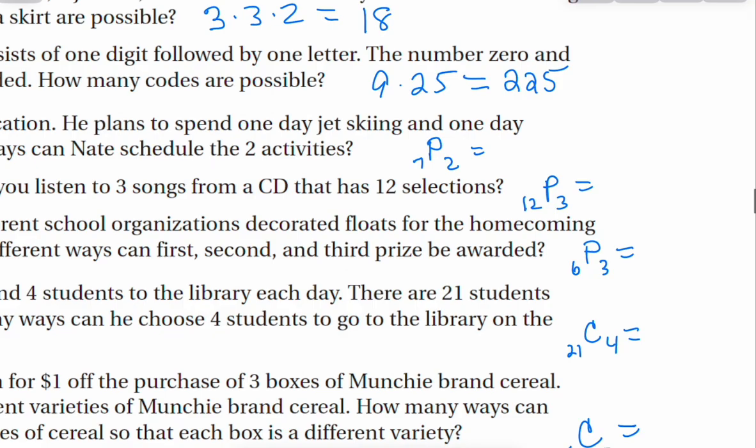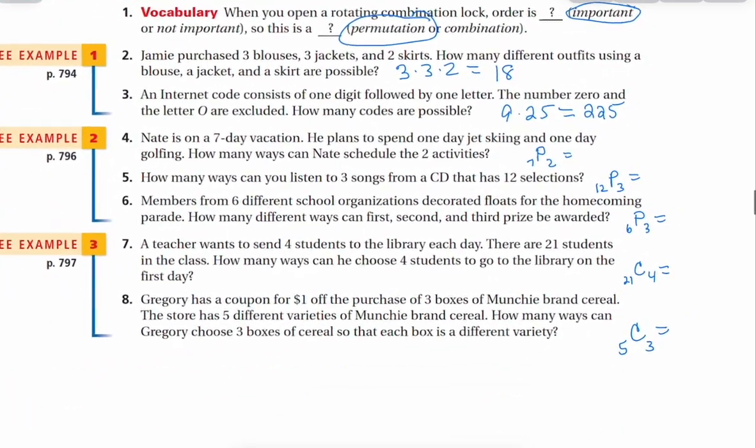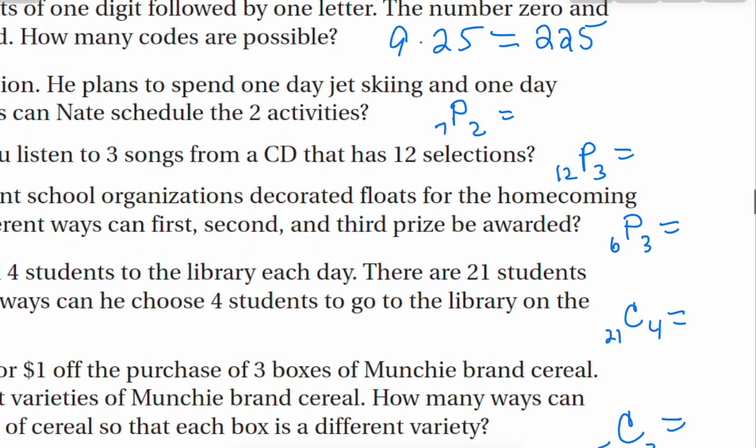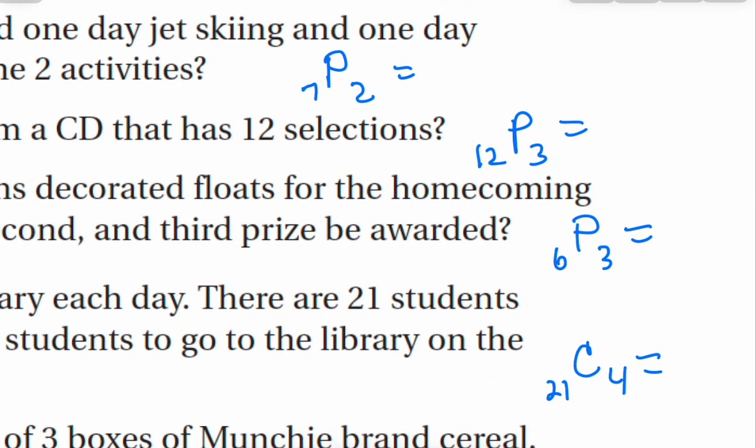Number 4, 5, and 6: the order in which it happens matters, so that is why we have to use the permutation formula. When the order matters, it is a permutation. So this is going to be 7 factorial over 5 factorial, because you would do 7 minus 2, which is 5. When it cancels out, it ends up being 7 times 6, or 42.